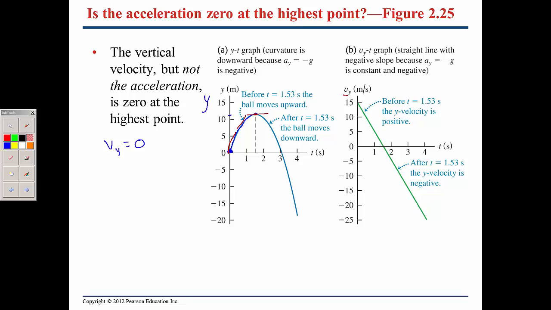So looking at our y velocity versus time chart, we see that there is initially a positive velocity, 15, and this velocity constantly changes, constantly being the key word. It's constantly changing because it's under a constant acceleration, and at some point right here, the velocity is equal to 0. That's when it turns around.